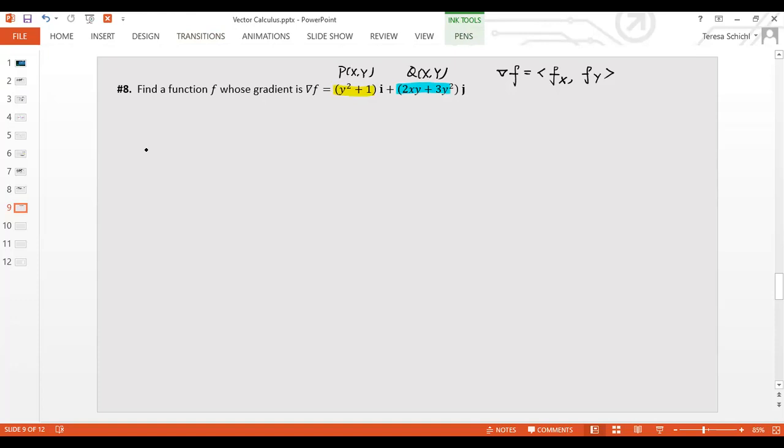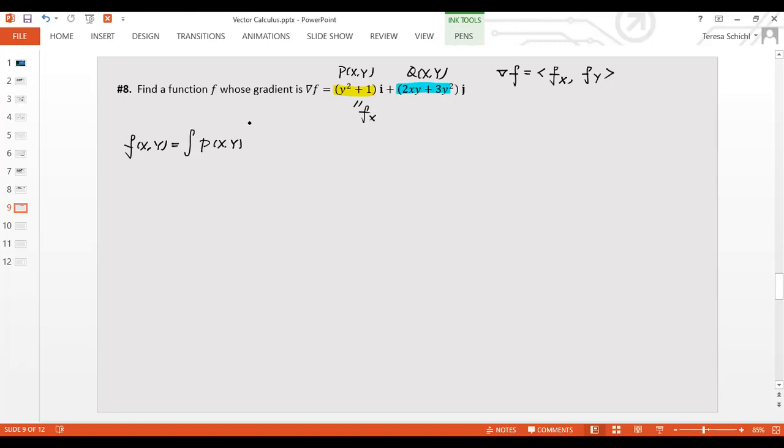Now the first thing: f of x,y is here, so this is the partial derivative with respect to x. By using integration, I need to integrate P(x,y), because P is the partial with respect to x.